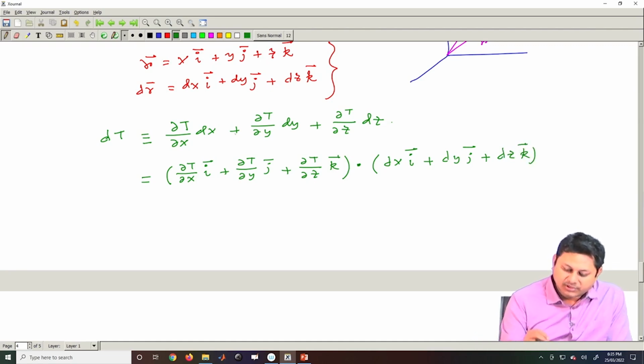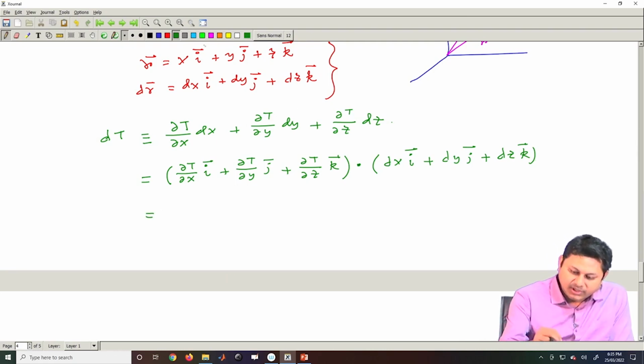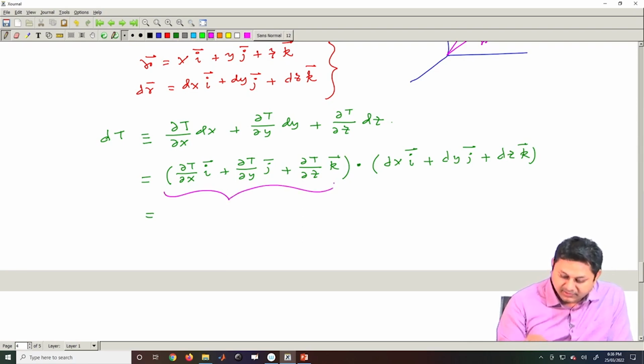If you make a dot product, you are going to get this. Now, I define this quantity, a very important thing, with a notation, and whatever we have here is simply dr.